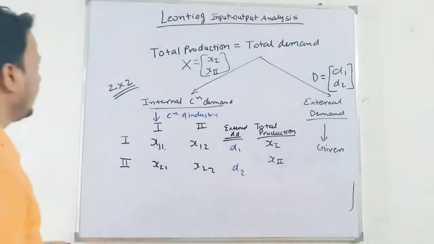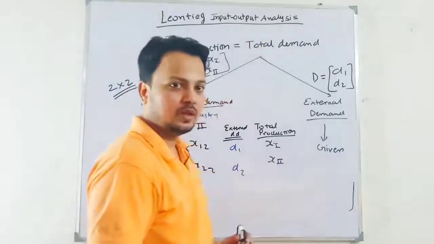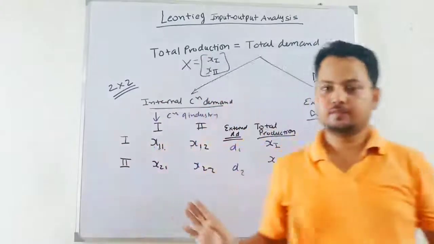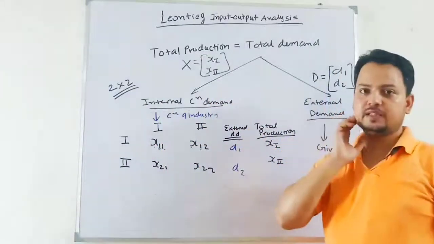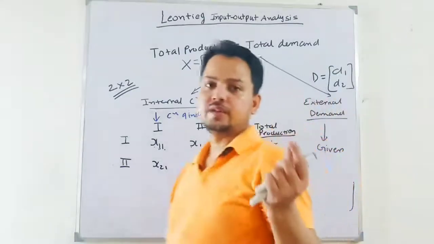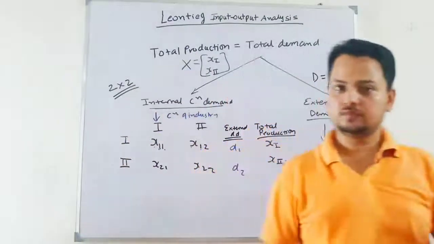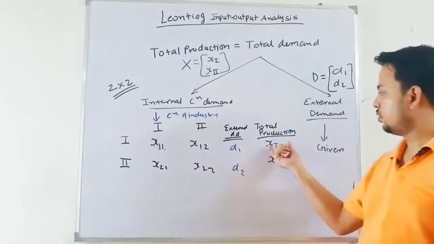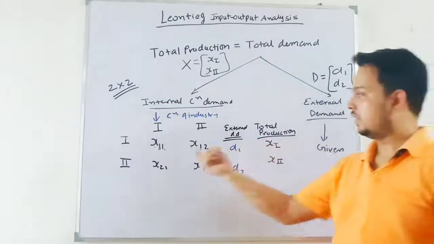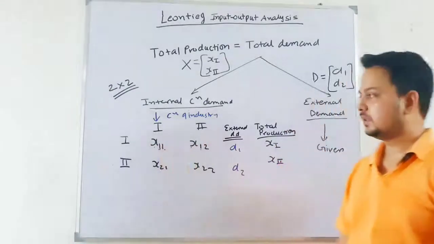Now I have to construct the input-output matrix, or technology matrix. One of the assumptions is that each industry will use a fixed or constant amount of input per unit of output. So this is the total output, and these are the inputs used by the industry.